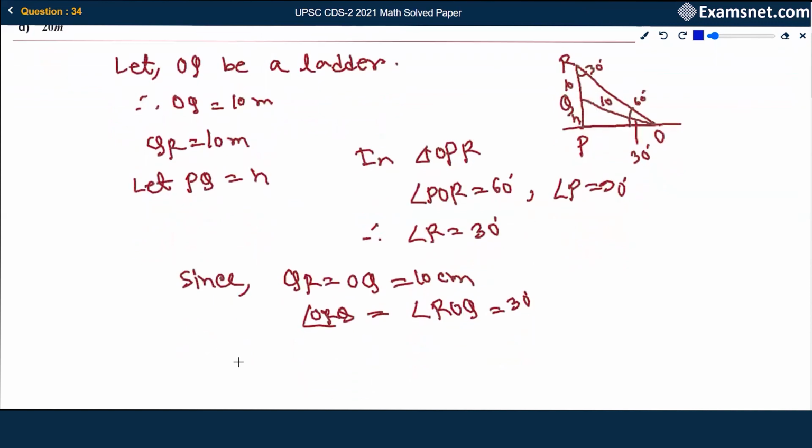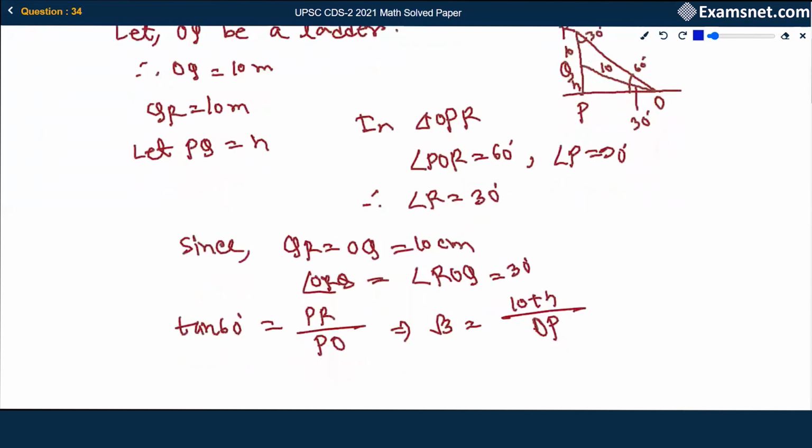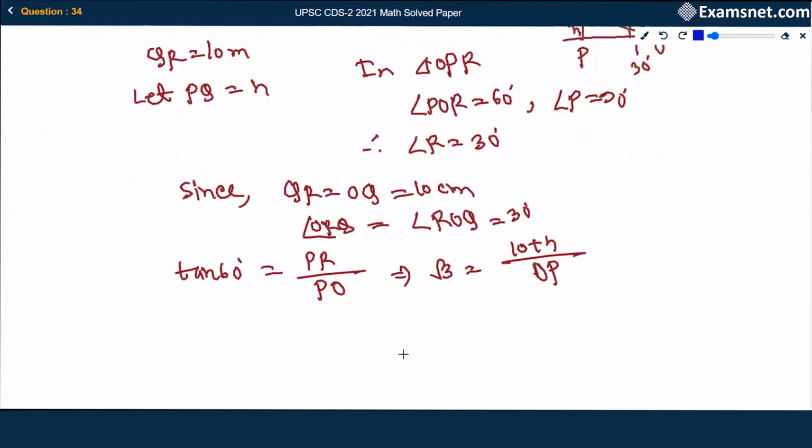Next, we can write tan 60 degrees, that is PR by PO. That means root 3 = (10 + h)/OP. We don't know the value of OP, so OP can be written as (10 + h)/root 3.